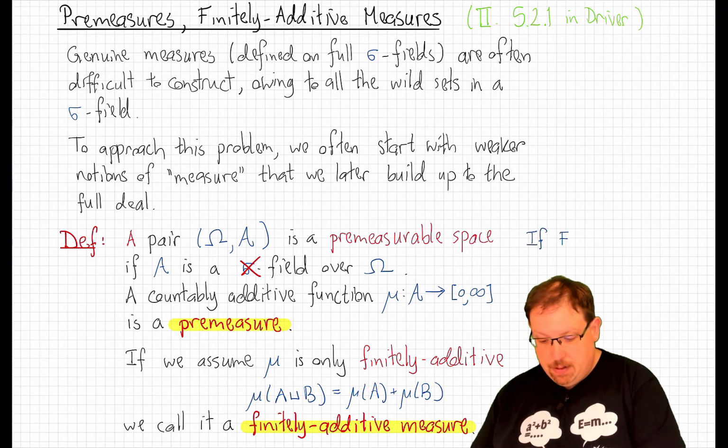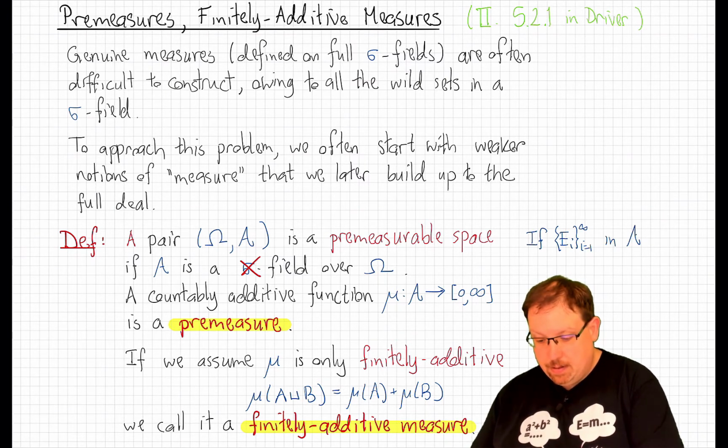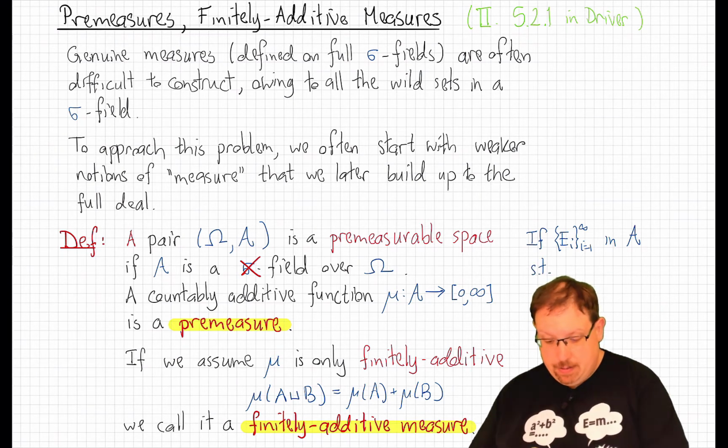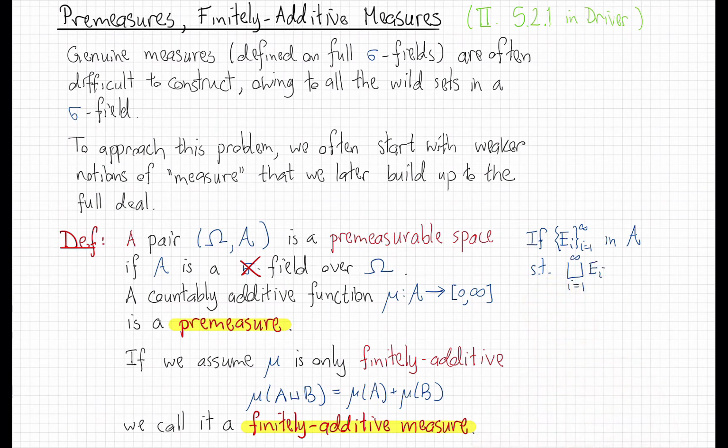If I have a countable sequence of sets in A, that happen to have the property that they're disjoint and their disjoint union is an element of A, which of course can happen, it's just not forced to all the time.